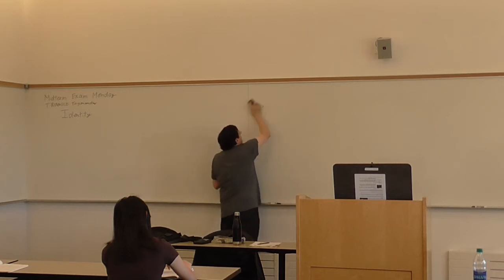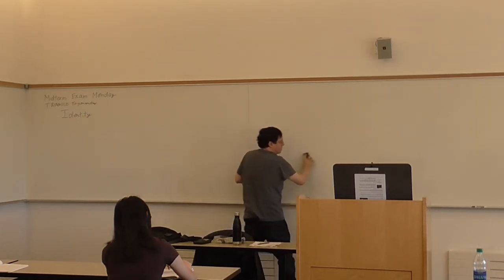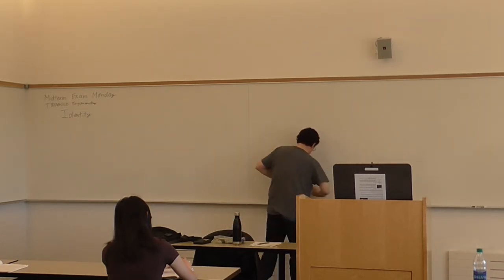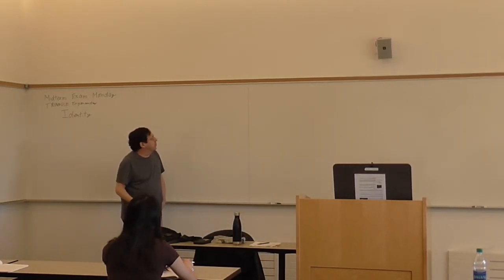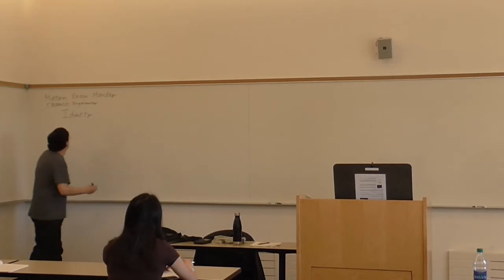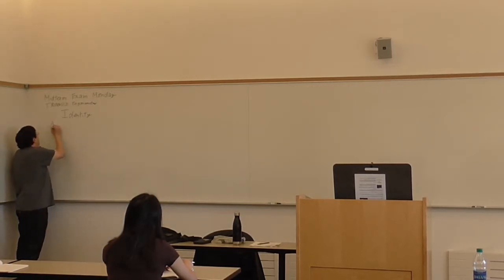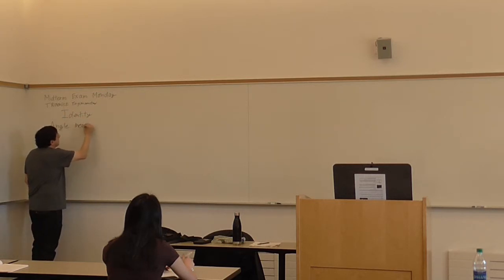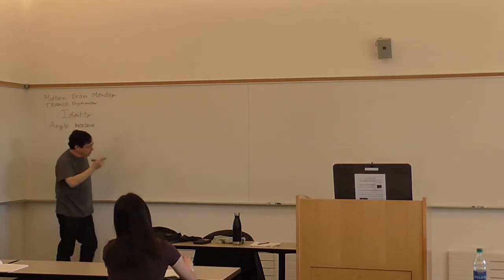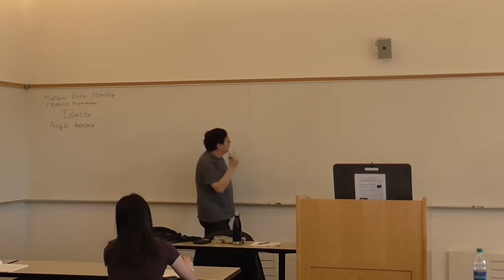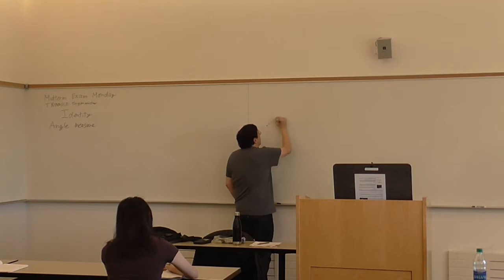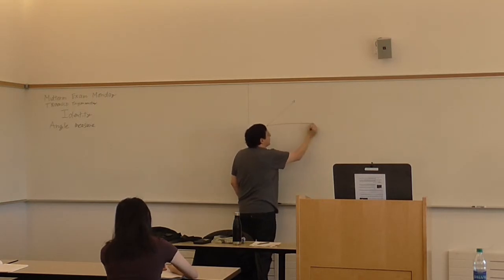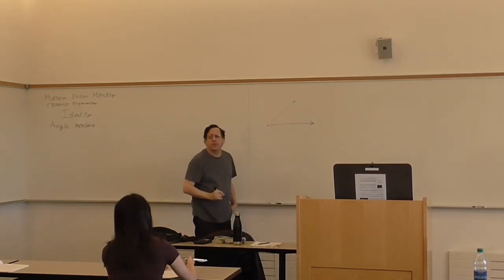We're going to start talking about some background. We're going to talk a little bit about angle measure. You may recall from geometry that we define an angle in terms of two rays.